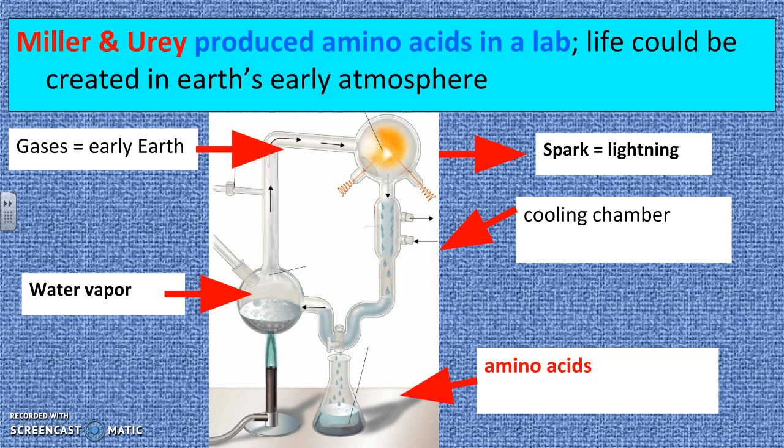And then they added a spark, simulating the lightning that would have also been prevalent in Earth's early atmosphere. And then at some point, Earth did cool down. They also have a cooling chamber. And what came out in the end when they finished their setup was the amino acids.